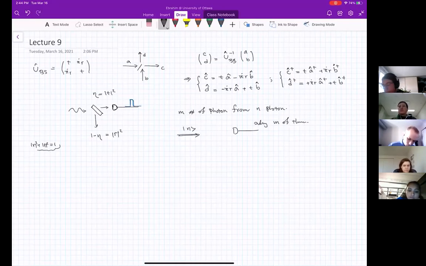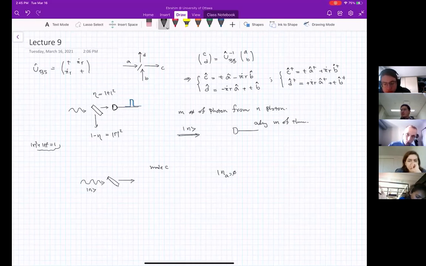We have a beam splitter at the front of it, and we know that if you have n number of photons coming in, then you have a beam splitter. Then we want to know what is the number of photons in mode C. So essentially, we have n photons in mode A and 0 photons in mode B, right?